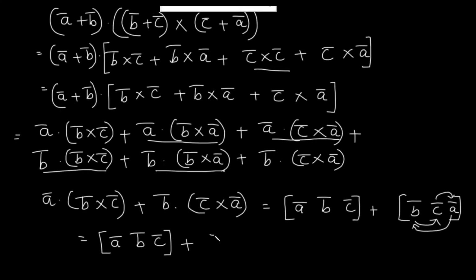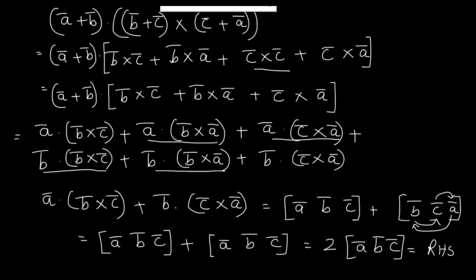All the three change their position, so the value does not change. So we get A, B, C without any change in sign. So box ABC plus box ABC gives 2 box ABC, which is what we want in the RHS. Okay, thus we get our answer here.